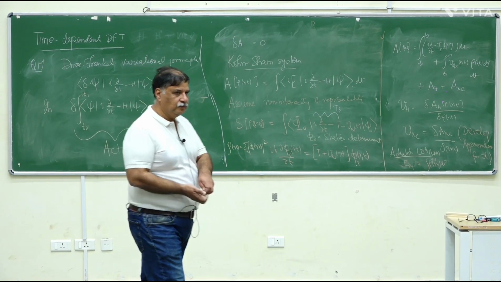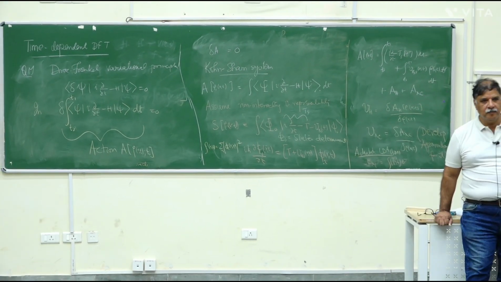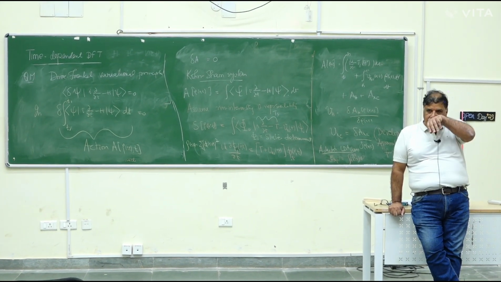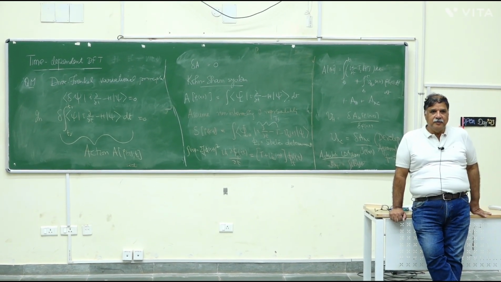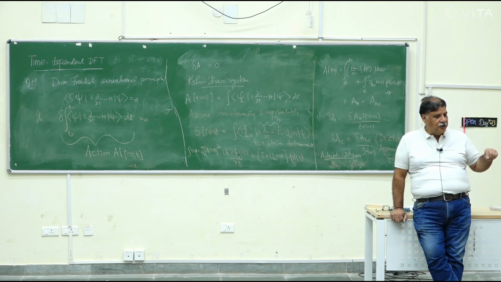Sir, I don't understand what you mean by non-locality in time, because how can we take an integral over past and future? No, certainly from the past, you can say that is the memory of the system. So if I change the density out here, it may affect the future potential.